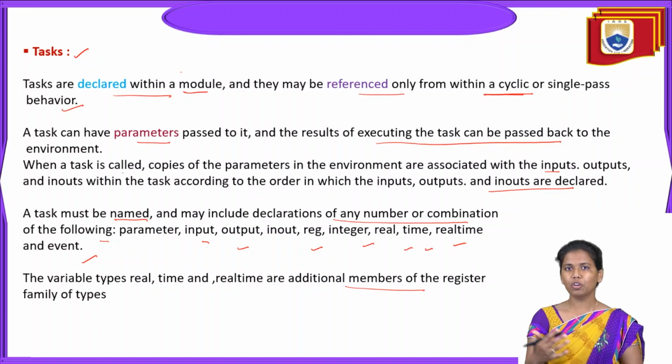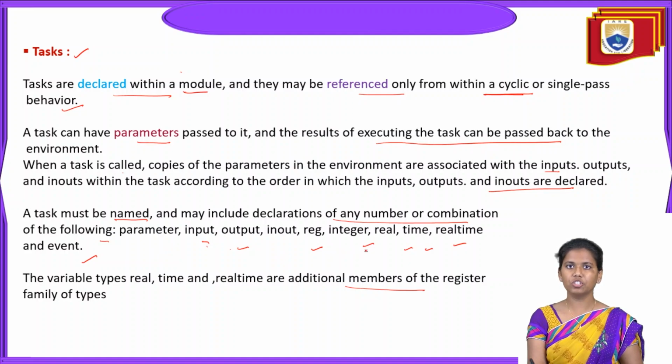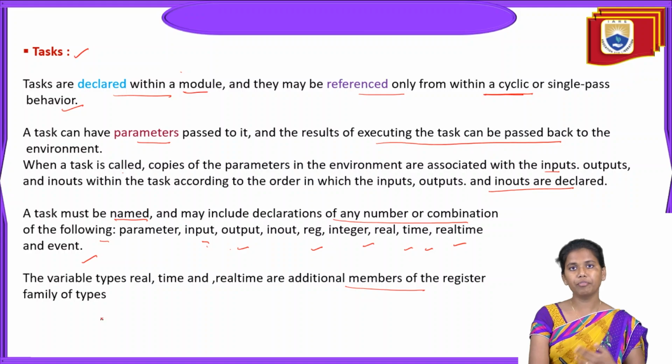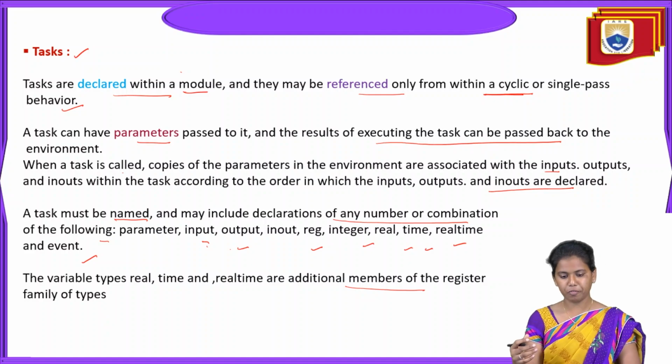As we have declared here, the parameters are input, output, inout, register, integer, real, real time and also event. So we have families of such parameters, whatever we consider for the task that we are performing.